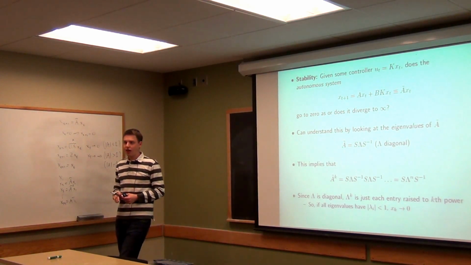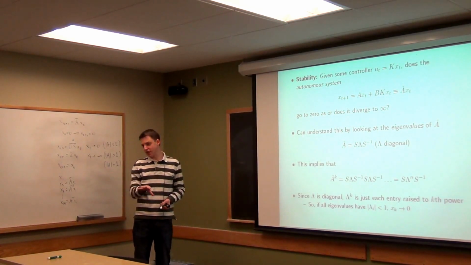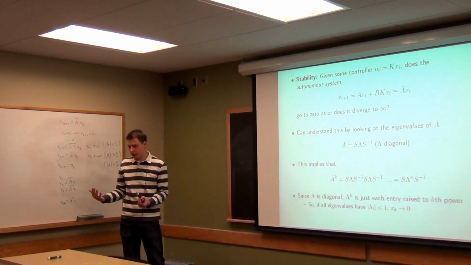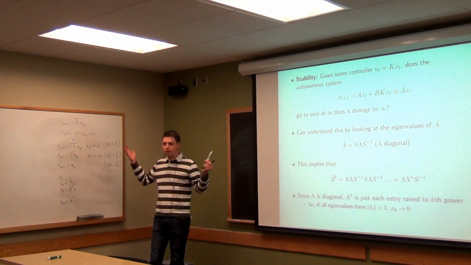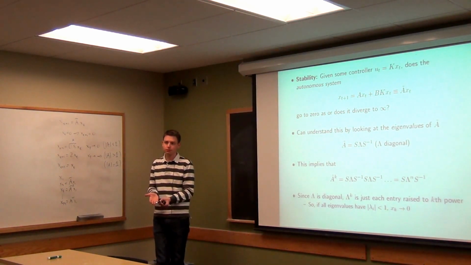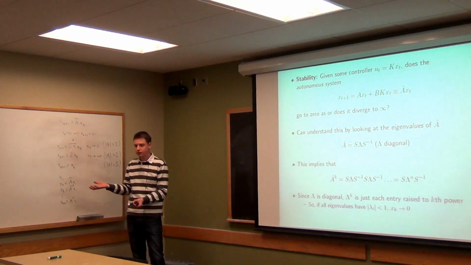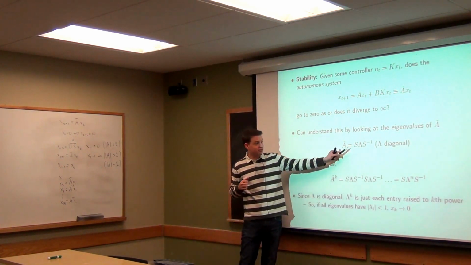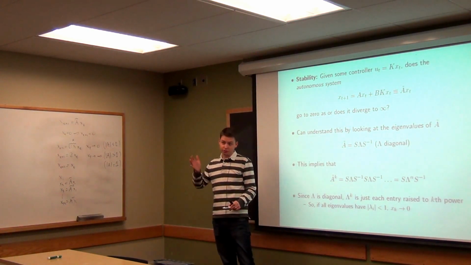So again, if you didn't quite follow, this is using some linear algebra, which is substantially more advanced than the rest of this course. So don't worry about that. But the idea of stability here is important. It's saying, will my state blow up or will it go to 0? And that can be answered by looking at the eigenvalue decomposition and checking whether those are more or less than 1 in absolute value.